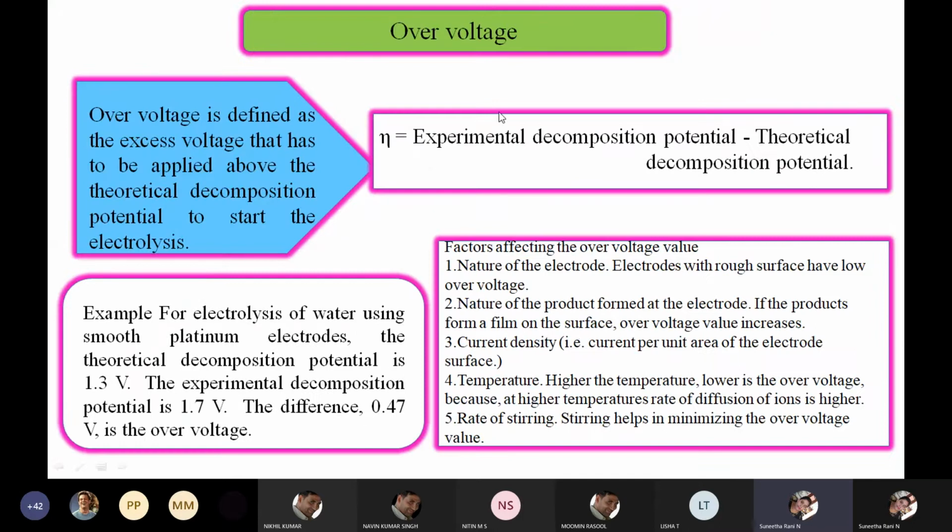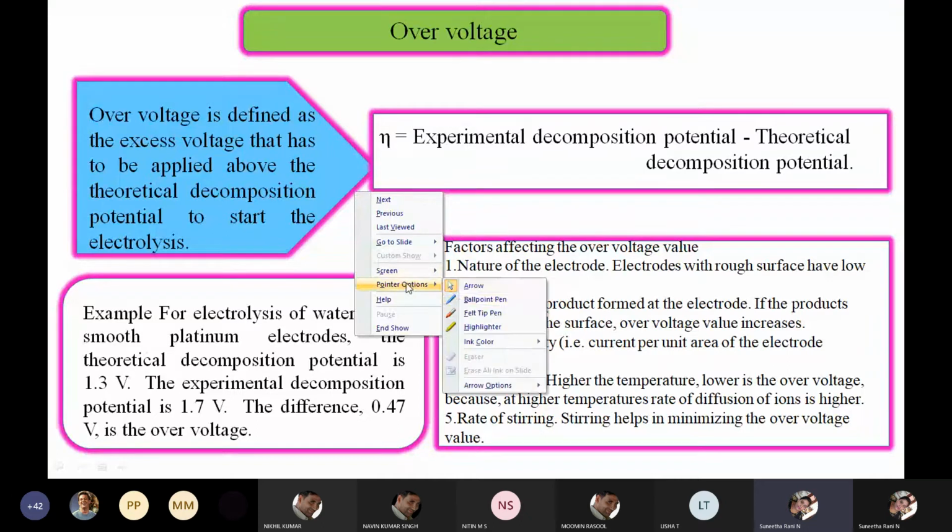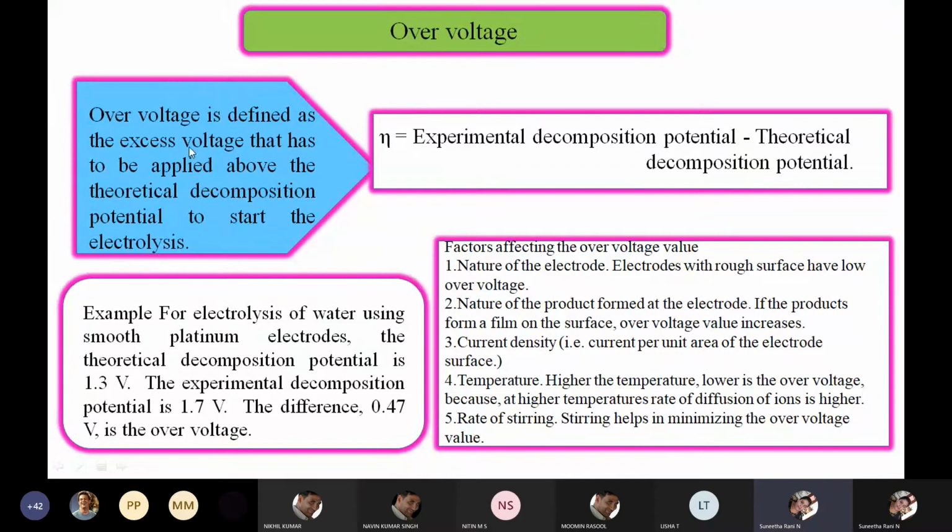So what is overvoltage? Overvoltage is defined as the excess voltage we are supplying, that has to be applied above the theoretical decomposition potential.